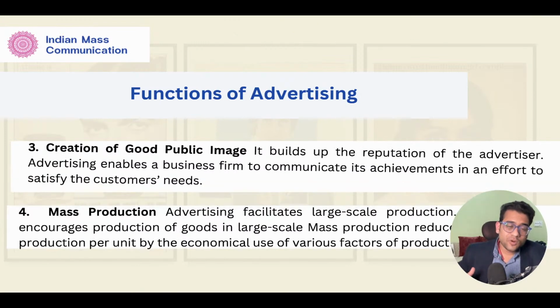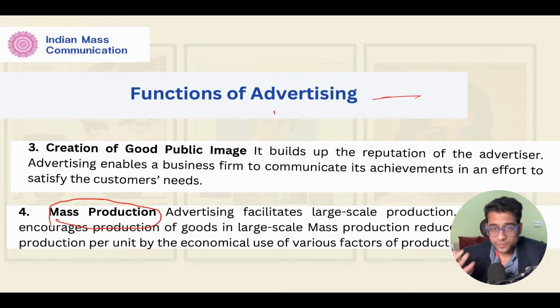Then it's about creation of a good public image through advertisement. Okay. This is very important. This has been asked in one of the PYQs. In advertising functions, they had asked that it also lowers down the price of the product. How does it do so? When you advertise, you sell things in large quantities. So I am selling this pen.